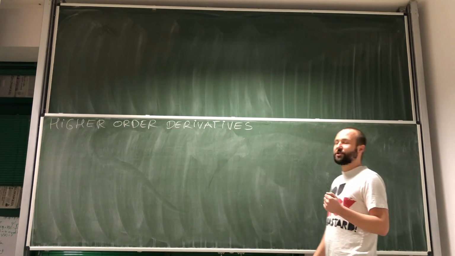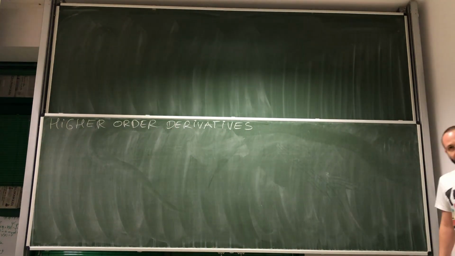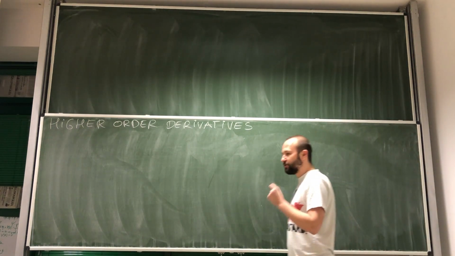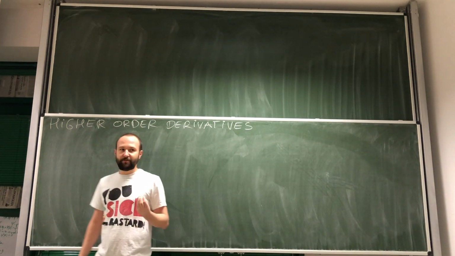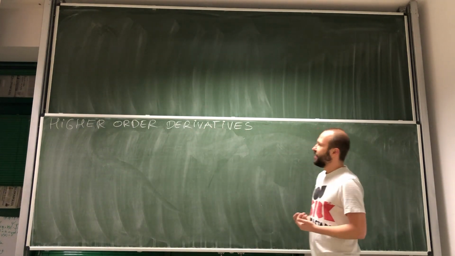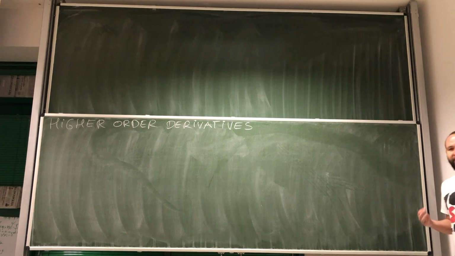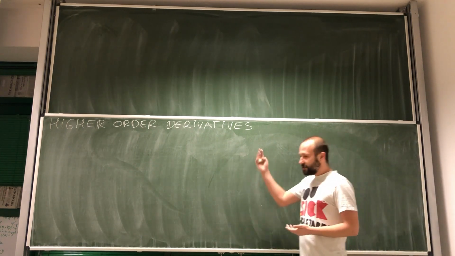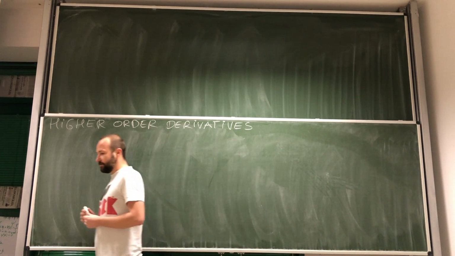And it was of course correct, but when we talk about derivatives, what we mean by this is usually the first derivative. But look, first derivative is not the only type of derivative we can calculate. And this is what I wanted to tell you right now.